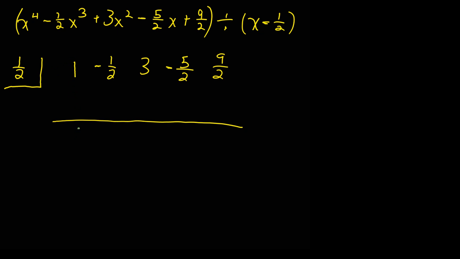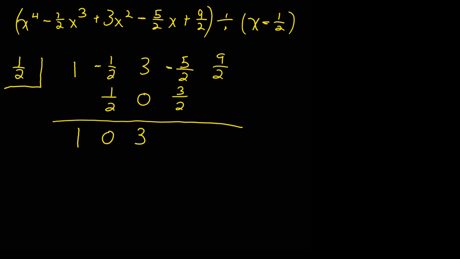So I'm going to bring down my 1. 1/2 times 1 is 1/2. I add these terms and I get 0. 1/2 times 0 is 0. I add these terms and I get 3. 3 times 1/2 is 3/2.